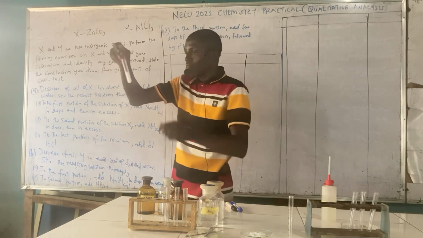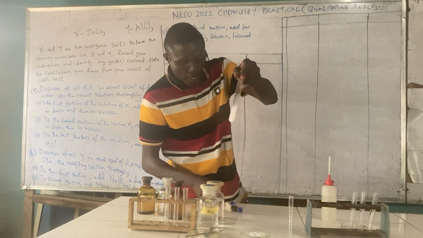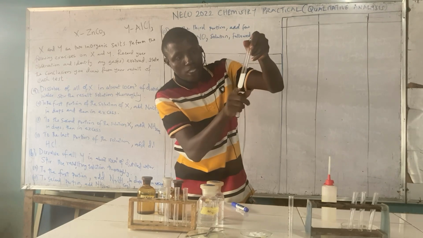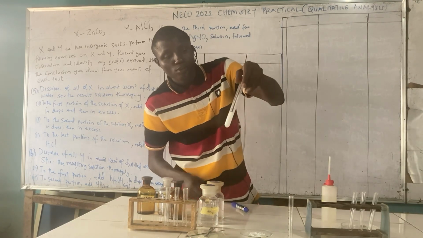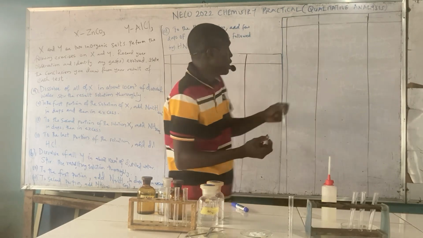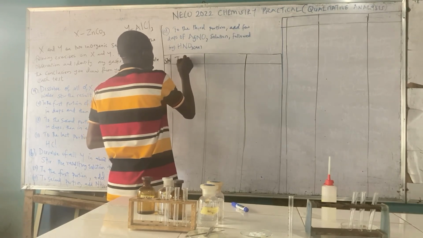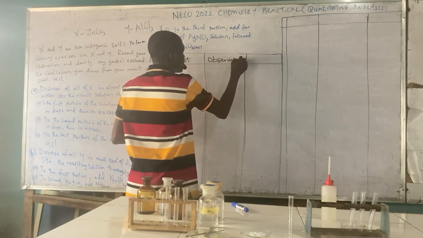What is our observation? You can see there's a cloudy solution formed here. You have a white precipitate here formed, which is insoluble. So X is an insoluble salt.